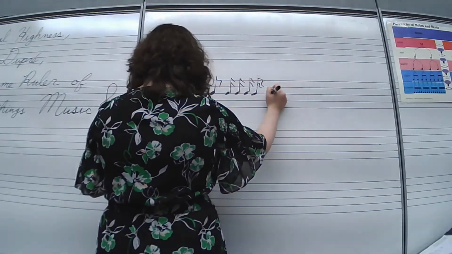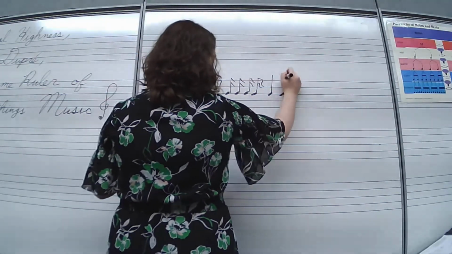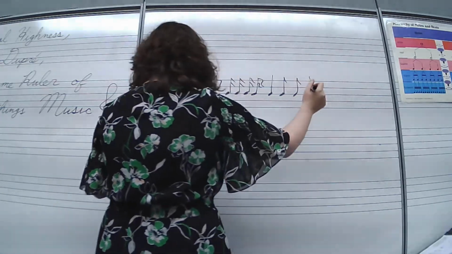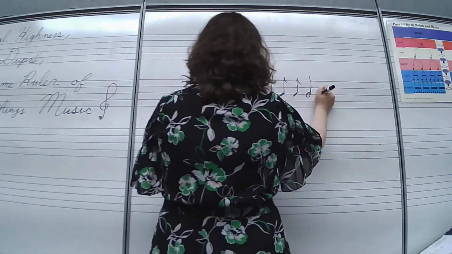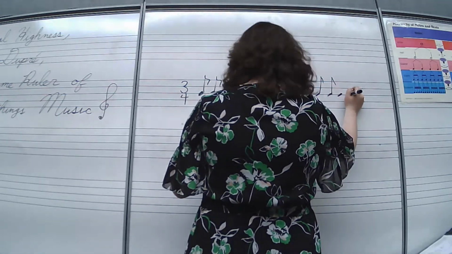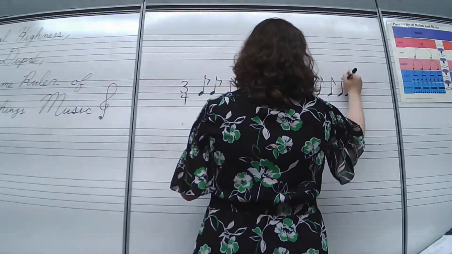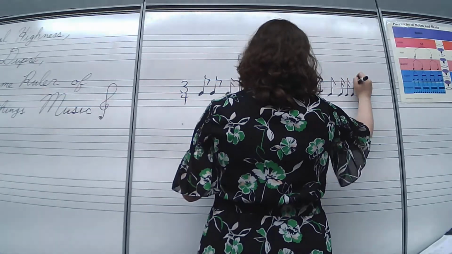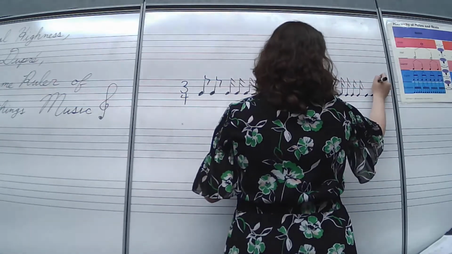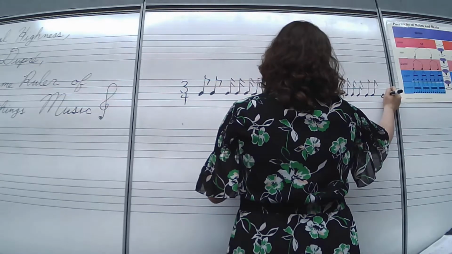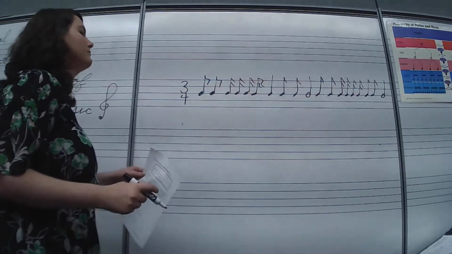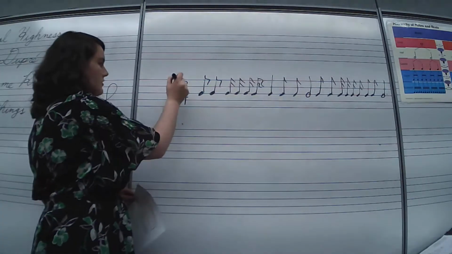And then quarter, 8, half. Oh, this is a lot. Okay. 8, 16, 16, 8, half, or dotted half. All right, so we have 3 beats per measure.